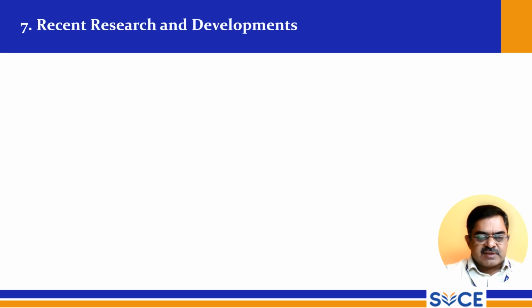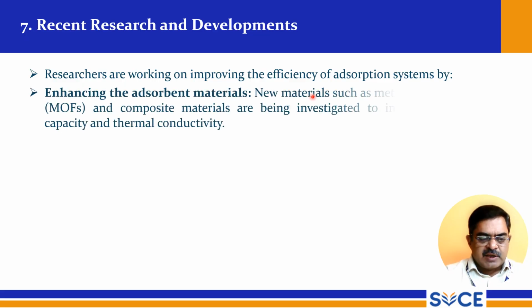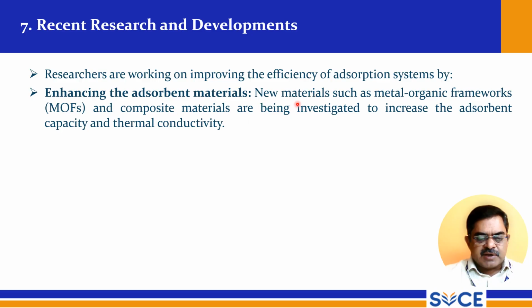Recent research and developments in this particular area: the researchers are working on improving the efficiency of absorption systems by enhancing the absorbent materials. New materials such as metal organic frameworks, that is MOFs, and composite materials are being investigated to increase the absorbent capacity and thermal conductivity.